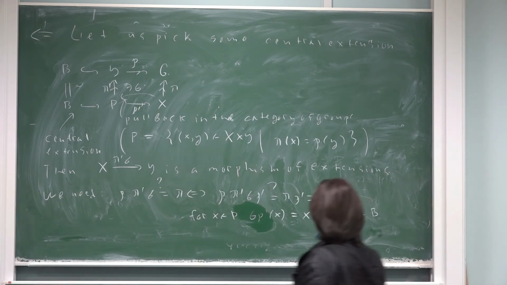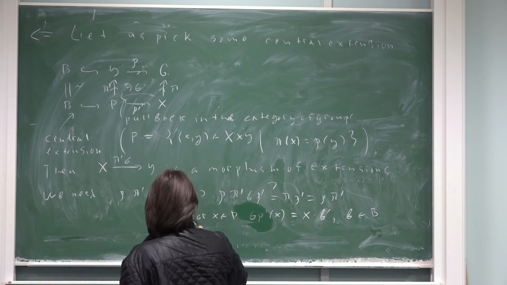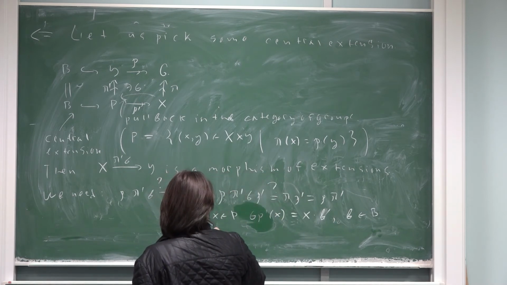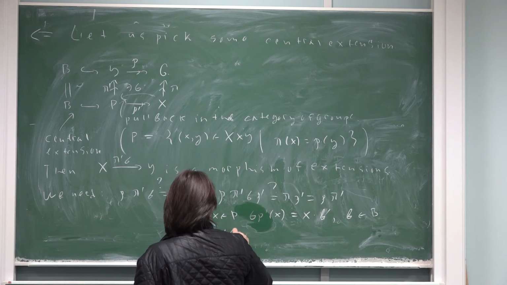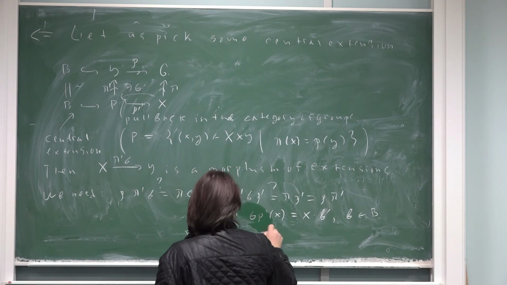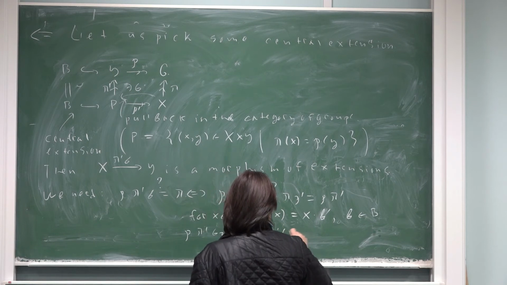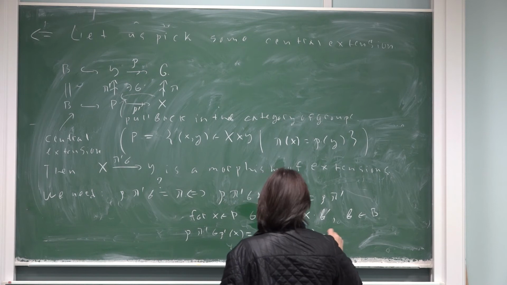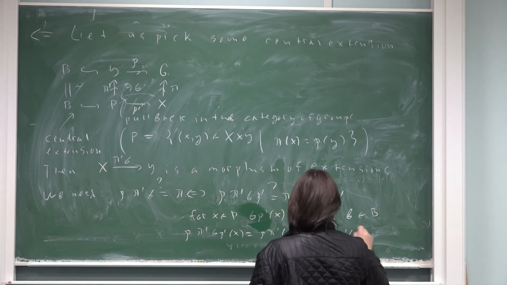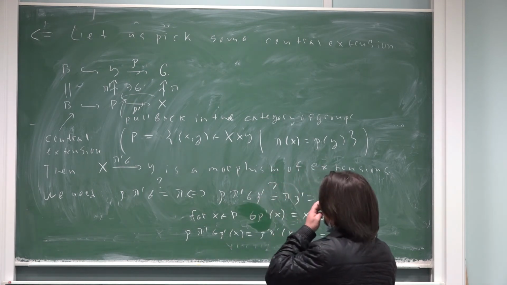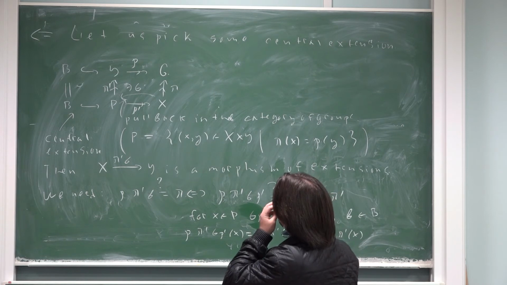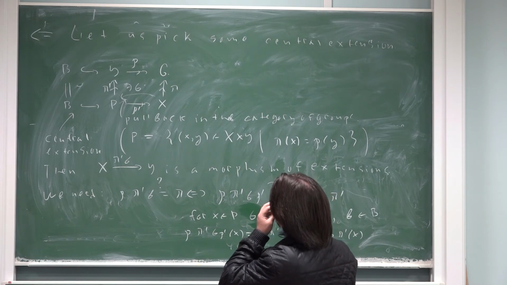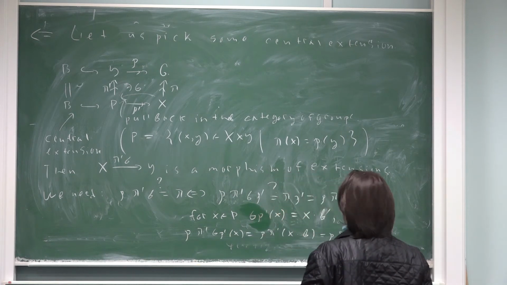So rho pi prime sigma rho prime of x is rho pi prime of x b. So it's rho pi prime of x, and rho pi prime of b is simply rho of b.